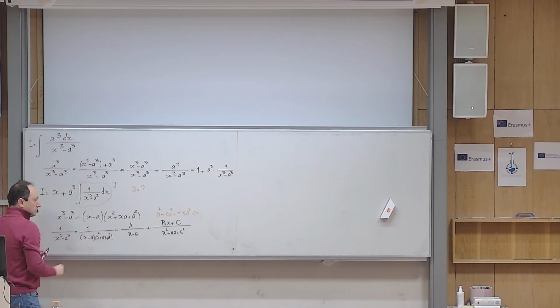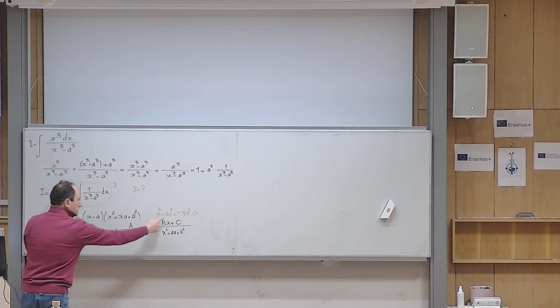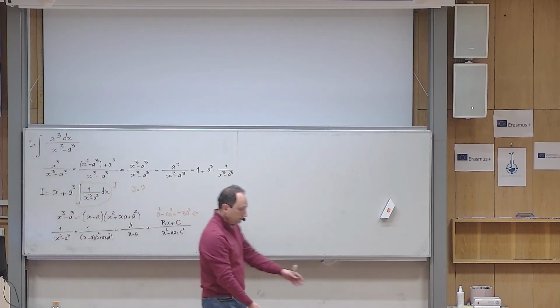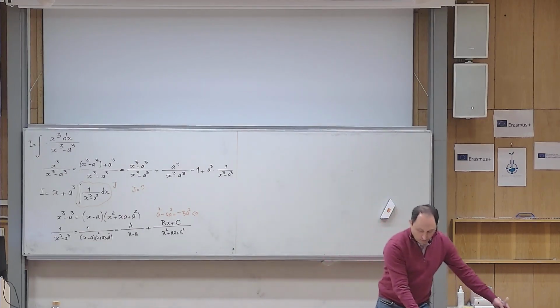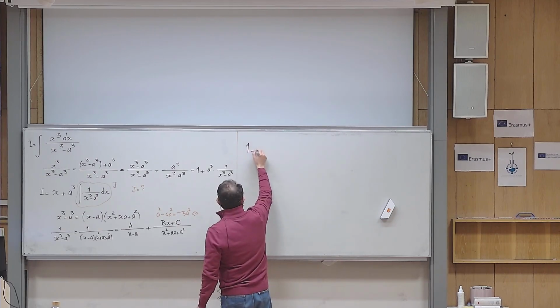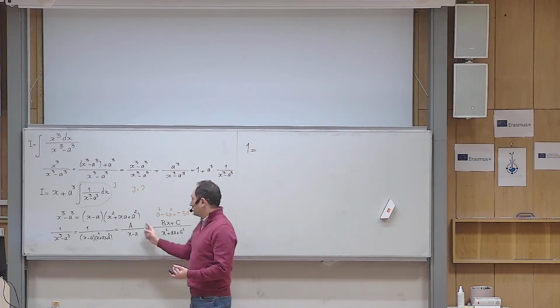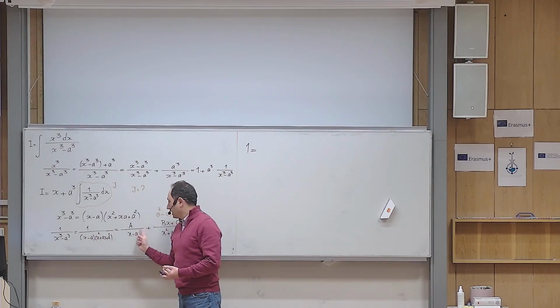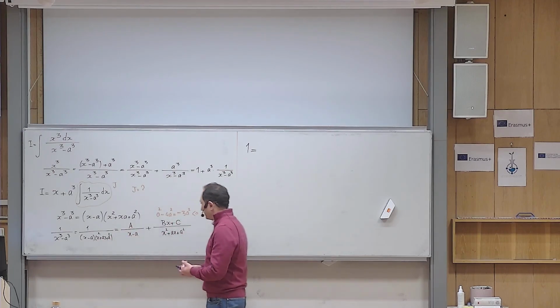I want to get rid of all fractions, so I will take this equality and multiply both sides by the denominator of the left-hand side. If I do that, then on the left-hand side, I will have only one. And then the right-hand side, when I multiply this fraction by this denominator, this factor cancels that factor, but this is left, which is supposed to be multiplied in the numerator.